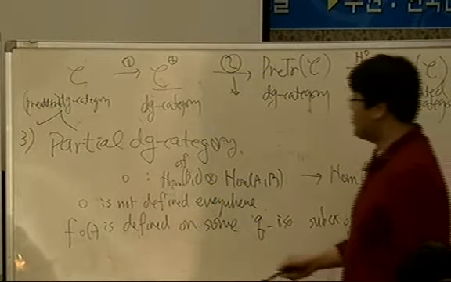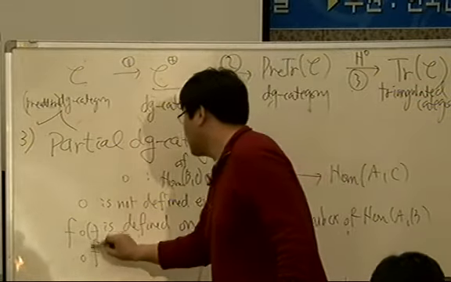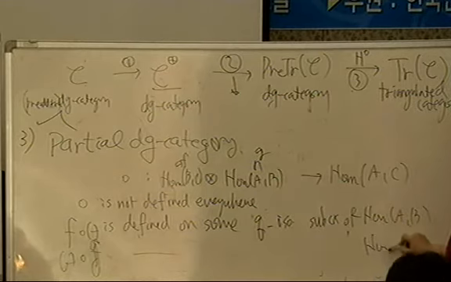And the same thing is true if f is over here on the right hand side, maybe let me call it g. And this is also defined on a quasi-isomorphic subcomplex of Hom(B,C).